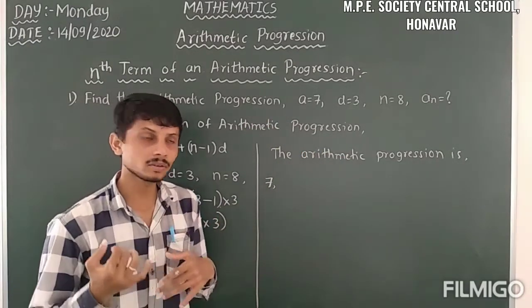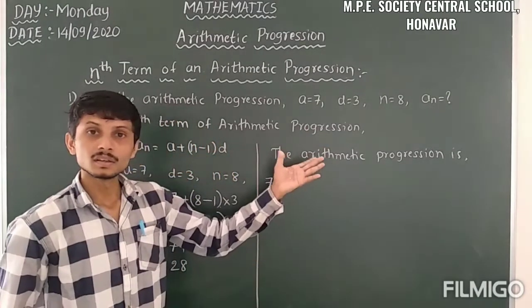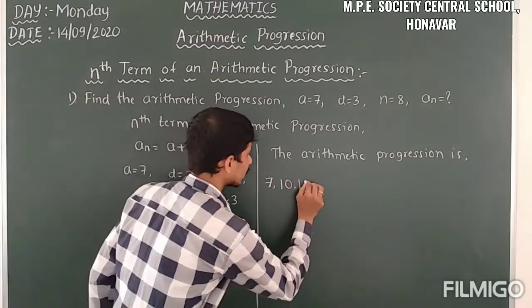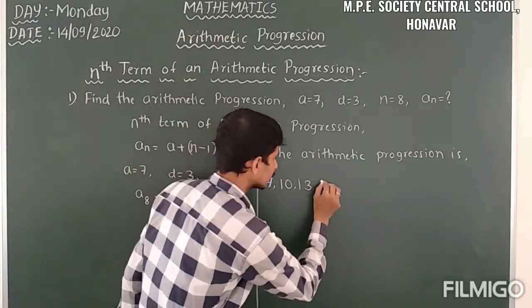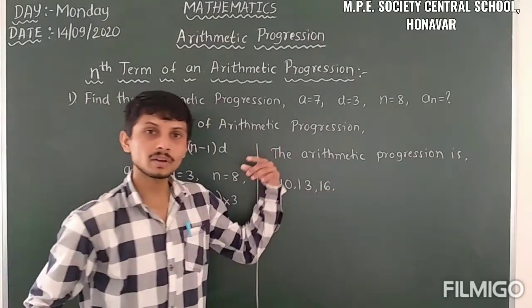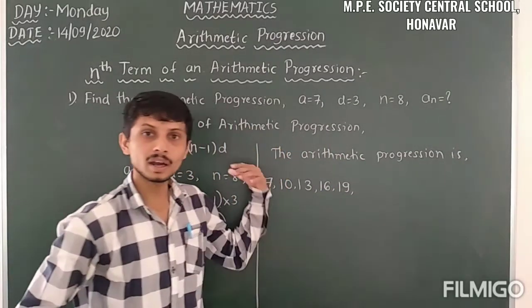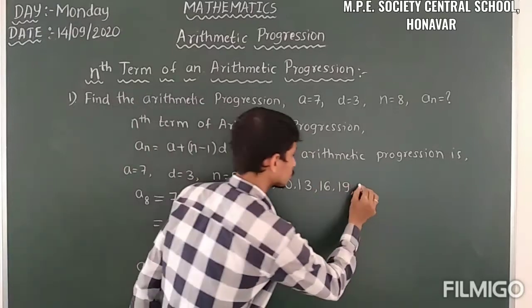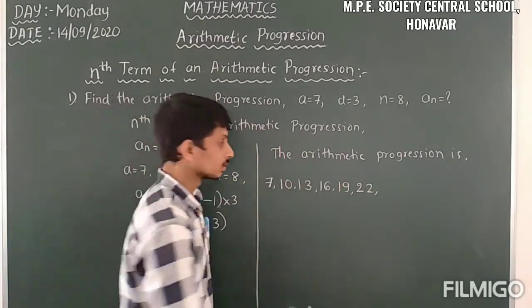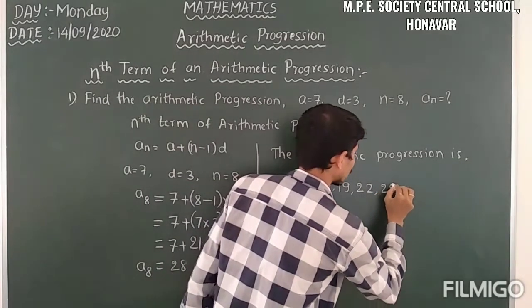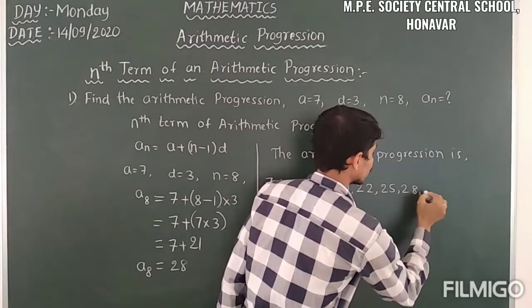So it becomes 10. Then again we add 3, 13. Again 3, it is 16. Again 3, it becomes 19. Then 22. Then 25. Again we add 3, 28, and so on.